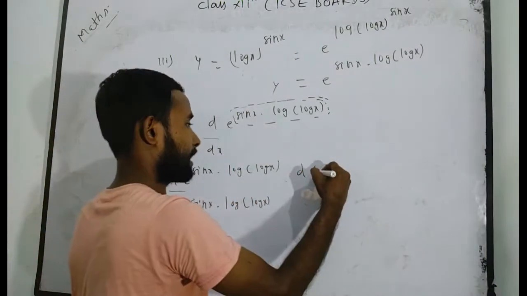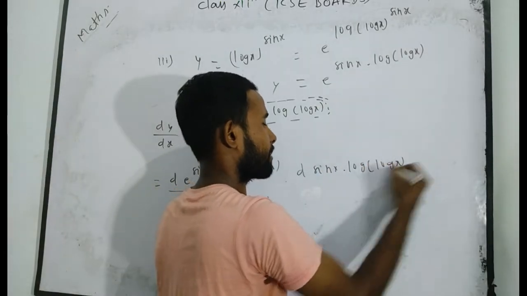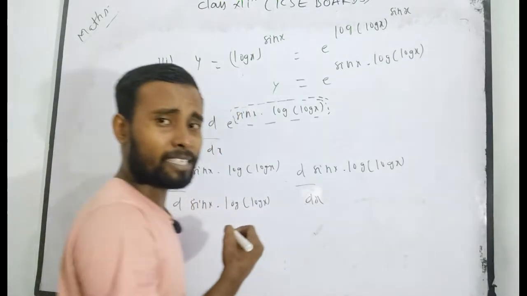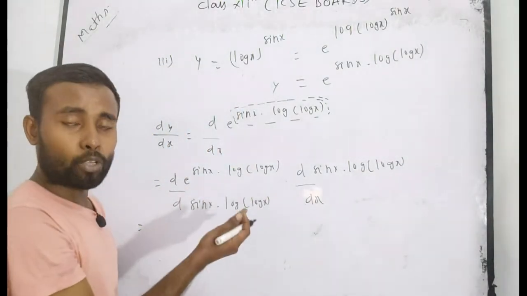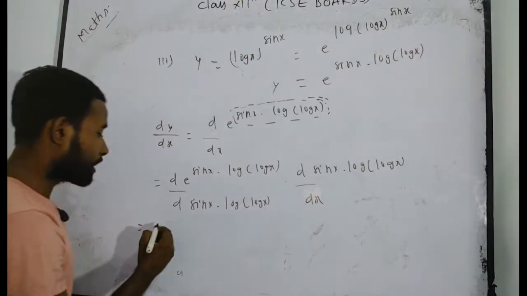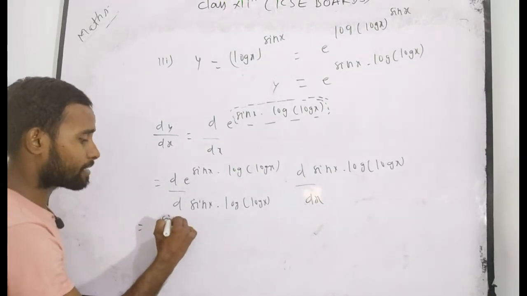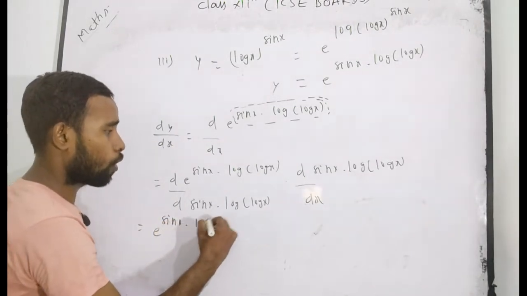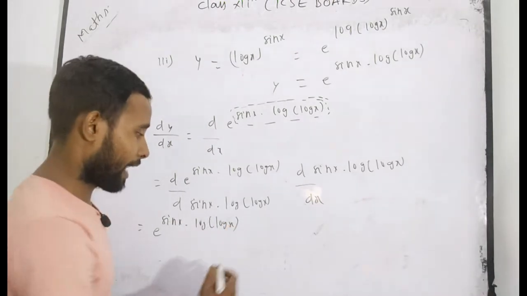Again you have to differentiate sin x into log x with respect to x. I think you understand. Now here see, e to the power p differentiated with respect to p will definitely give you e to the power p, that means the same. So it will be e to the power sin x into log x, into.